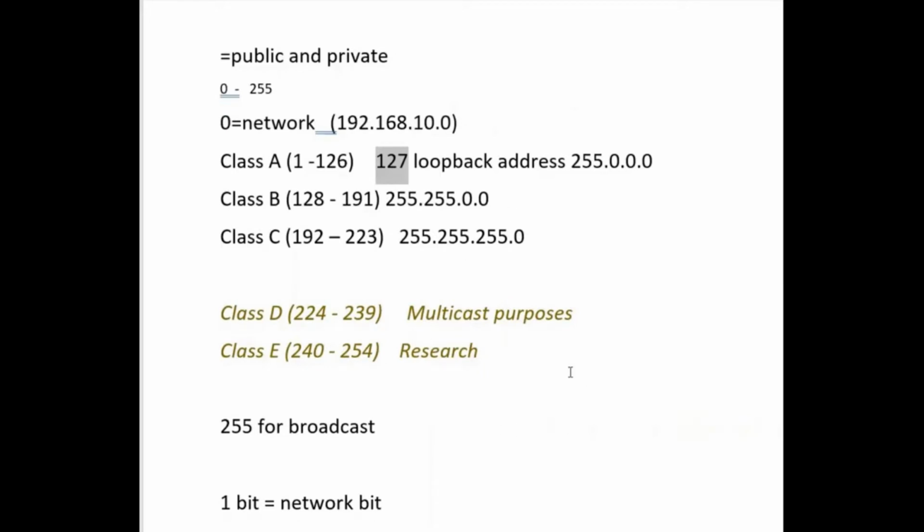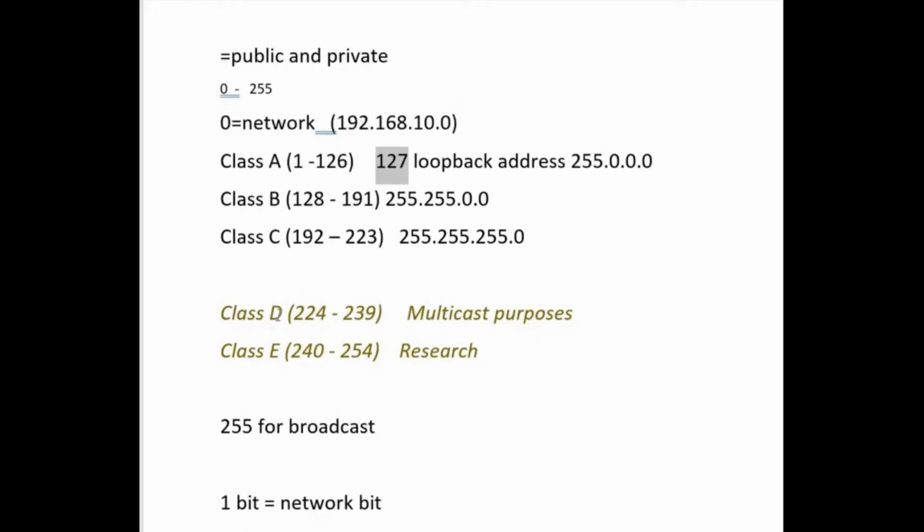For example, my IP address may be 200.1.1.1. I can tell the router or my PC to check my own loopback. Loopback means it refers to your own IP address. Normally, we use the loopback address to check our own network connectivity. This is class B, class C.